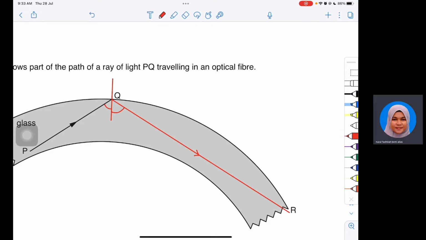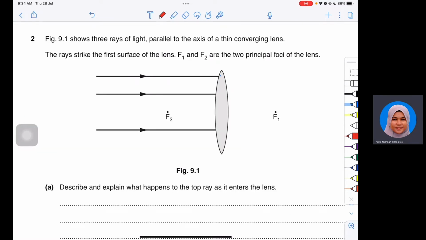Figure 9.1 shows 3 rays of light parallel to the axis of a thin converging lens. So now we are moving towards refraction of light, but specifically thin lenses. We look at the thin lens topic. The rays strike the first surface of the lens.